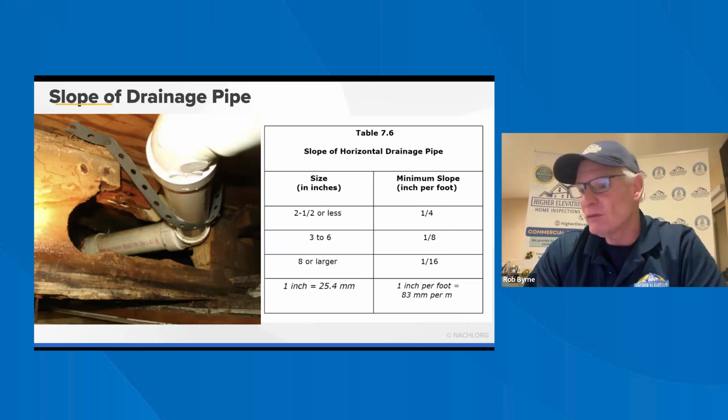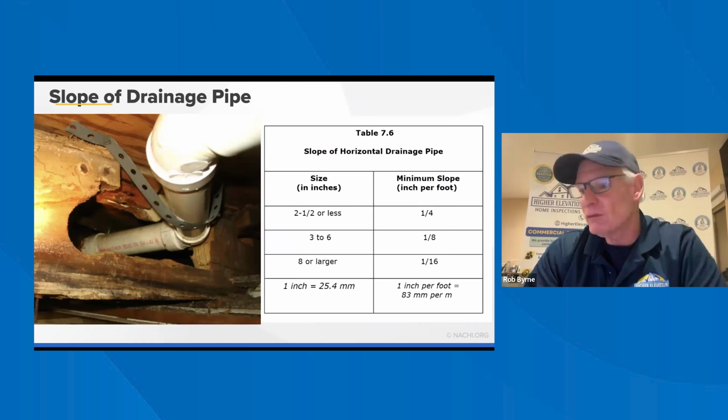This is clearly, the picture on the right is a breakage on a cast iron sewer line. And then you have breakage. This is corrosion. You'll see all that stuff. Cast iron and especially galvanized, they rust from the inside out. You could be looking at a galvanized drain and it looks perfect.